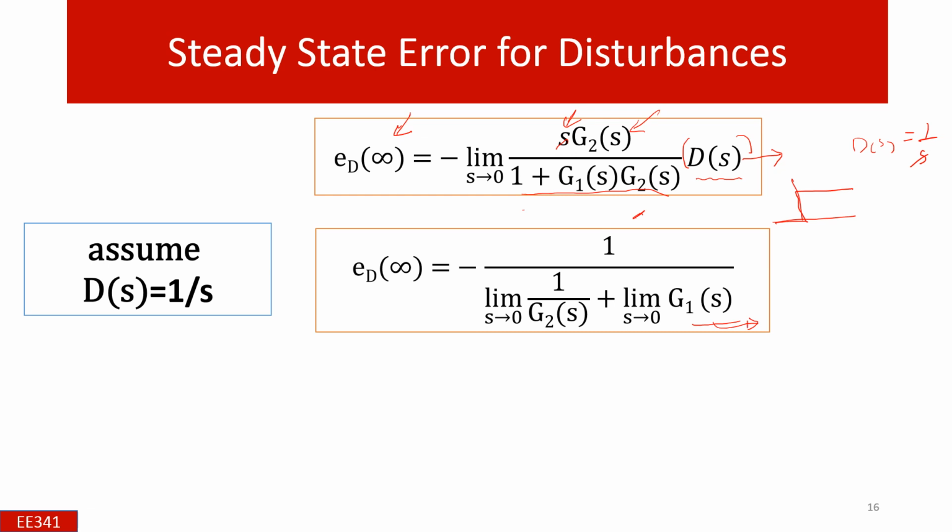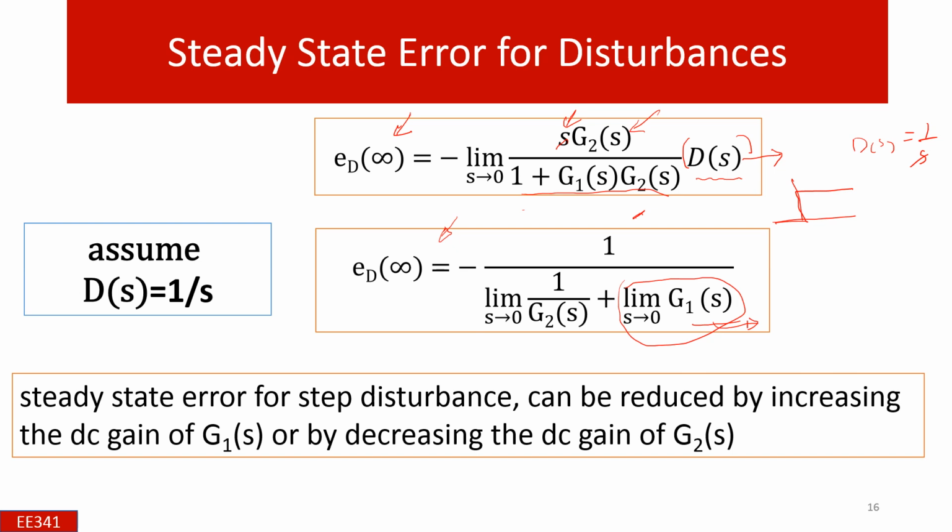If we increase the value of this gain by any means, maybe by increasing the voltage or current value in electrical circuits, then the steady state error due to the disturbance is definitely reduced. It also depends on G2 of s.